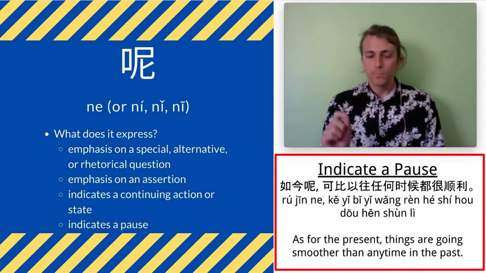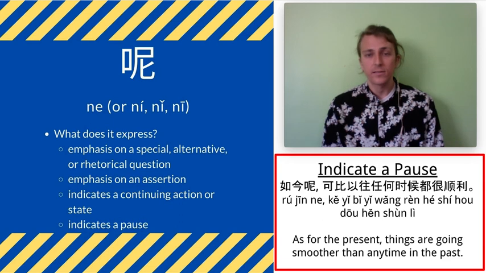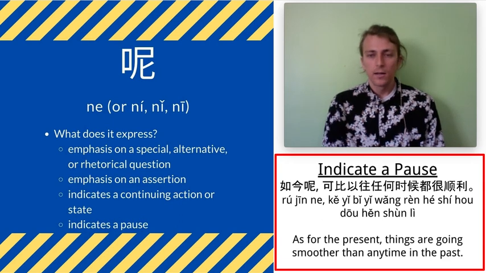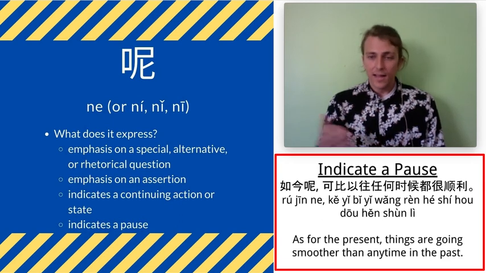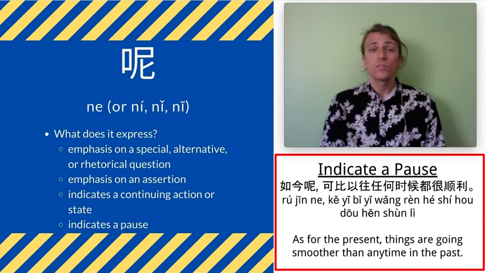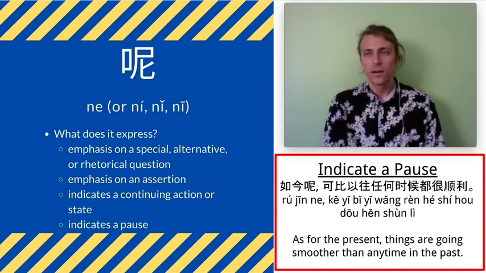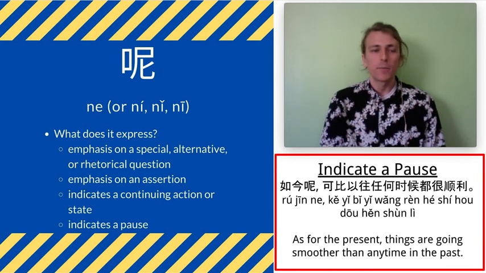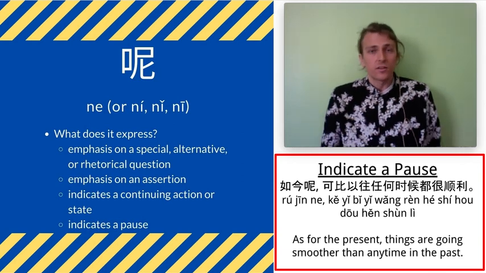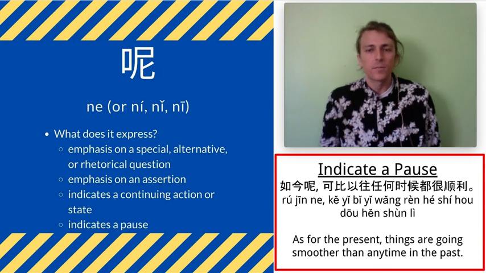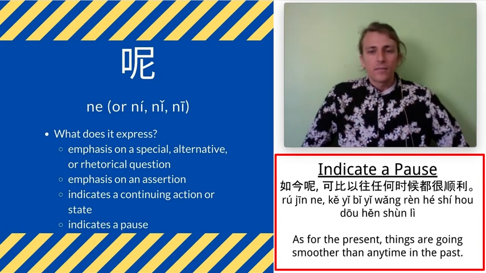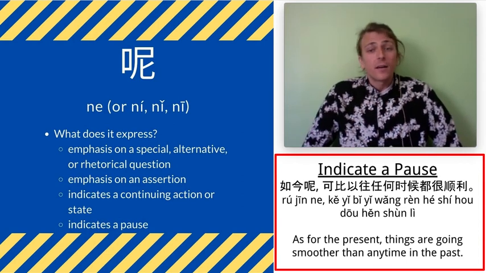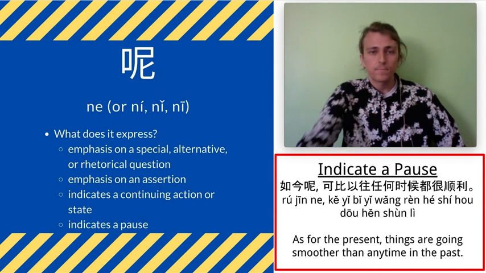So the pause there is after 如今, which means as for the present. 如今呢 means as for the present, things are going smoother than any time in the past. 顺利 means smooth, smoothly or smoother when we're talking about a situation or some kind of project or something like that. So this is, again, just a way to indicate a pause at the beginning of a sentence.